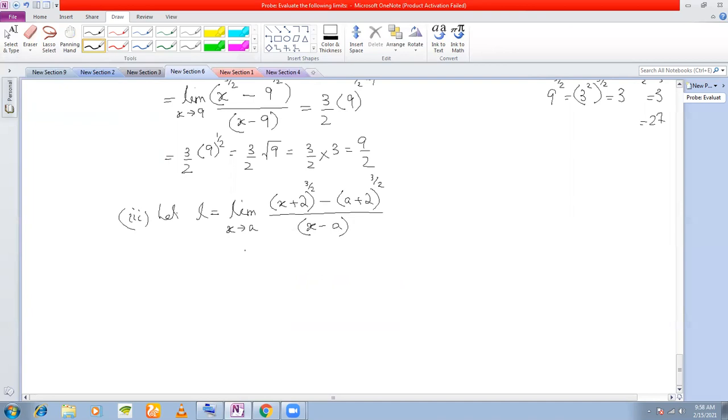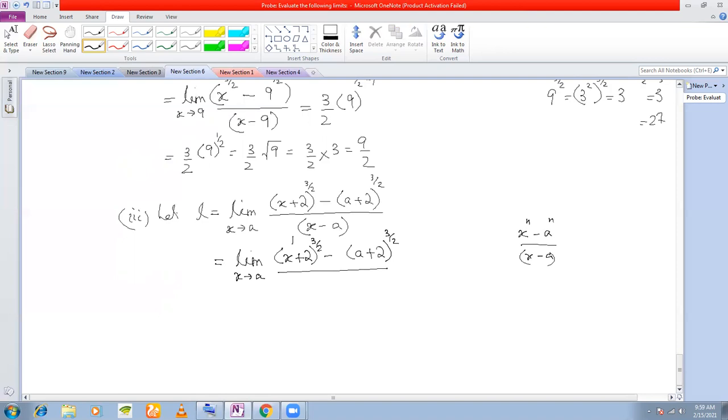Okay, so what you must also notice here is that if I put limit x tends to a, x plus 2 to the power of 3 by 2, the numerator I write as it is, and in the denominator, if I want to write it in this form, x to the power of n minus a to the power of n by x minus a.